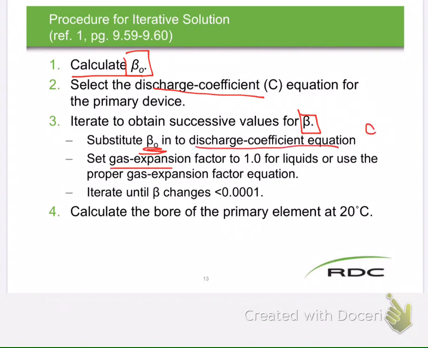Set the gas expansion factor to 1 for liquids, but if we weren't using liquids, we would then use the Y calculations for that, which is also beta dependent. And we keep iterating until beta changes by less than 0.0001. So after we're done that, we can then calculate the bore of the primary element, which is our orifice plate.